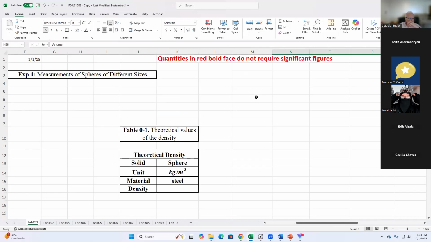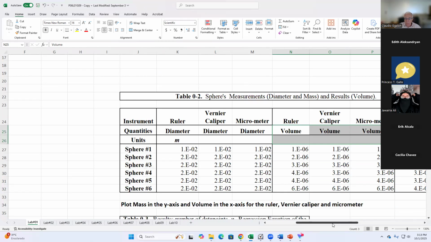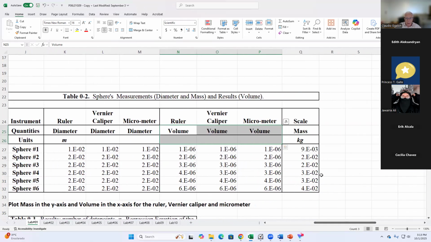Now let's go here. You have to plot the mass against the volume of the ruler, right? Plot a second graph, mass against the volume obtained with the vernier caliper, and a third graph, mass against the volume obtained with the micrometer.